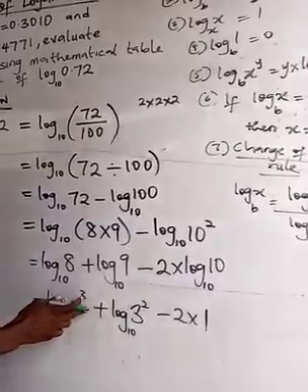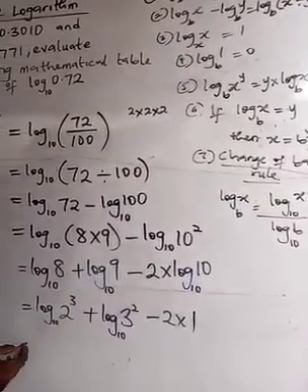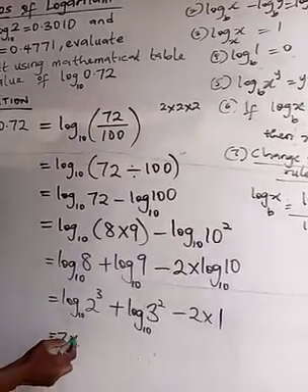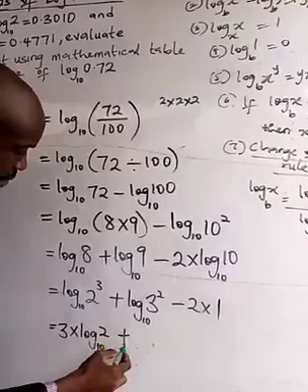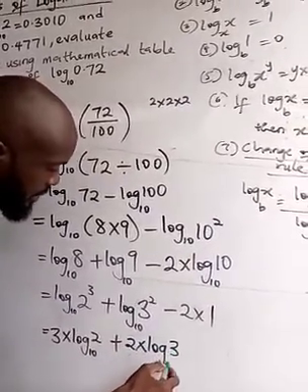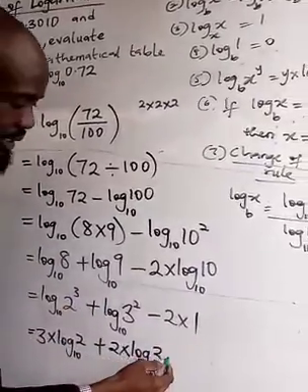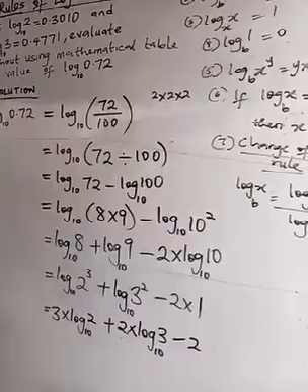So we can apply rule 5 again here. So this is going to be 3 times log 2 base 10 plus 2 times log 3 base 10, minus 2 times 1, which is 2. Now we have what they've given us in the question.